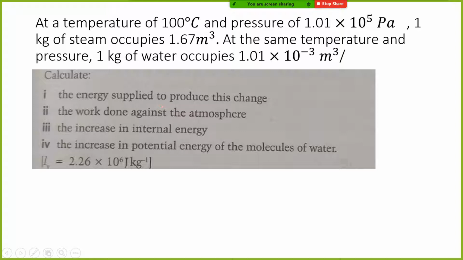Energy supplied to produce this change. Let me just see if I can bring up this question quickly. Give me a second here.